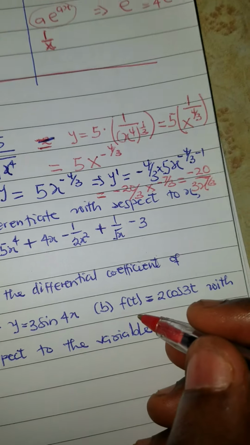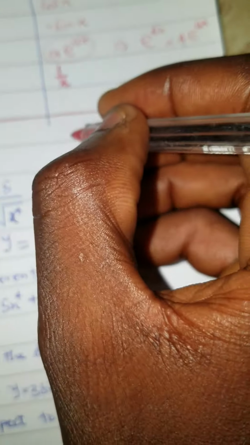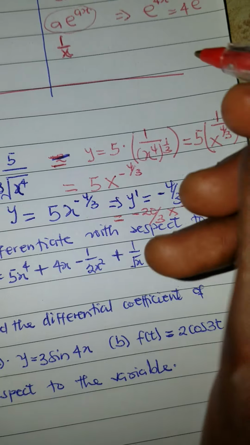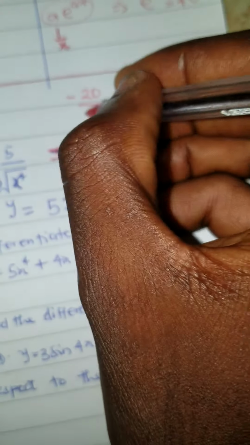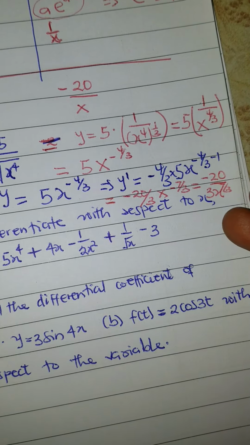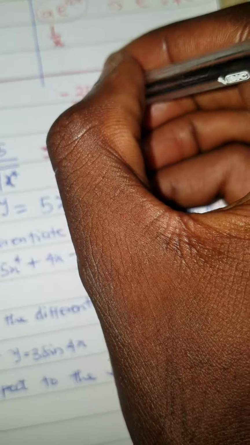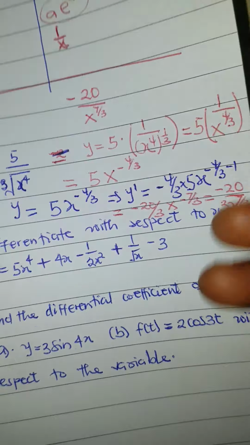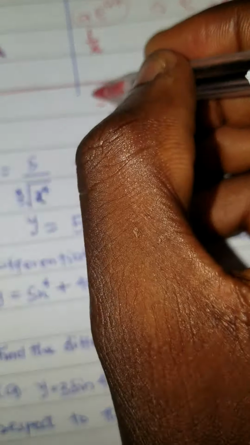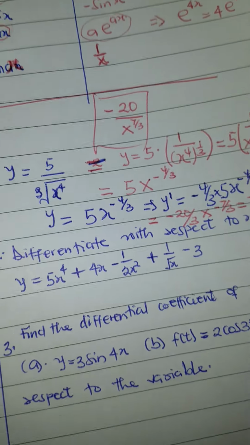Please, the answer, let me write it boldly here, is minus 20 over x raised to the power 7 over 3, and that is the answer for the one.